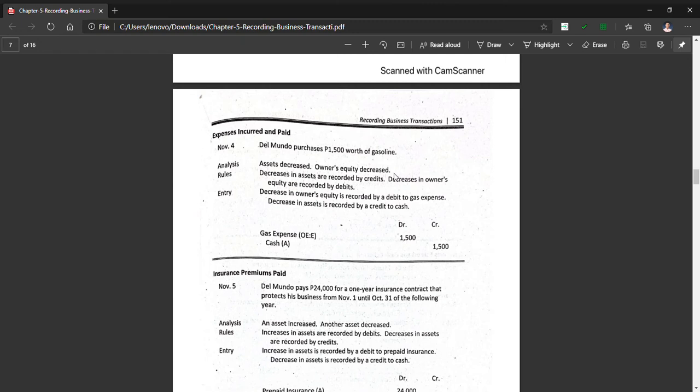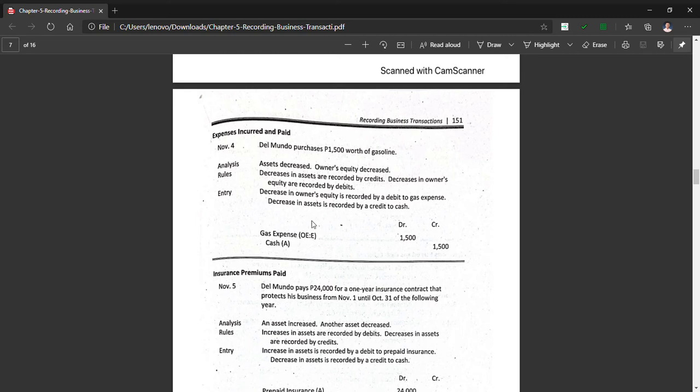Okay? So, ano yung owner's equity? Siya ay nasa right side of the accounting equation, right? So, any increases in the owner's equity is on the credit. Tapos, any decreases in the owner's equity should be on the debit side. So, dahil ang expense is dinidecrease niya ang owner's equity, it should be on the debit side.